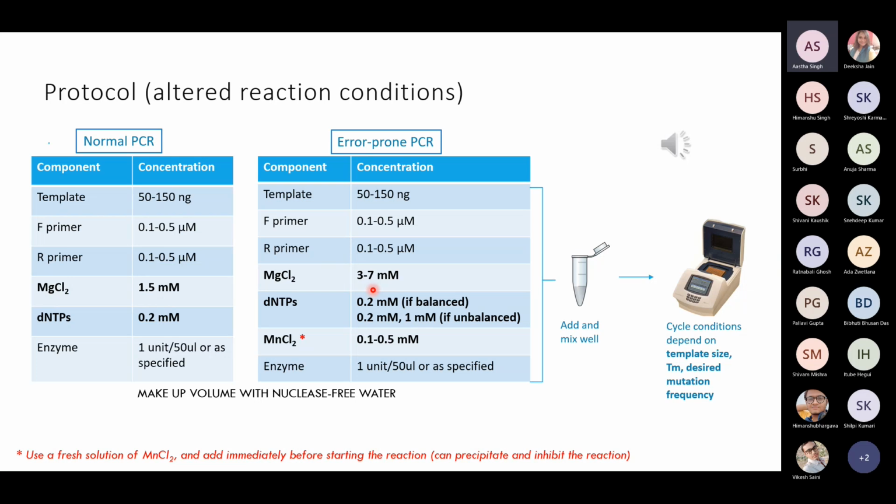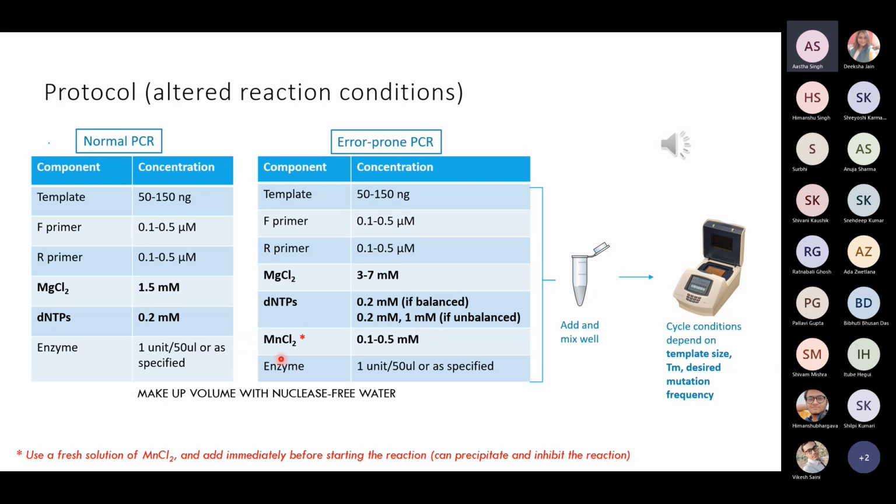For dNTPs, if we give a balanced concentration of all 4 dNTPs, we add them at a concentration of 0.2 millimolar. Whereas if we want an unbalanced ratio, we can add 0.2 millimolar of dNTP, and the dNTP which has to be added in excess can be taken up to 1 millimolar also.